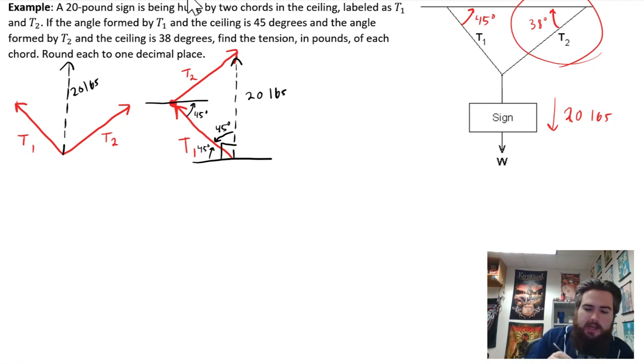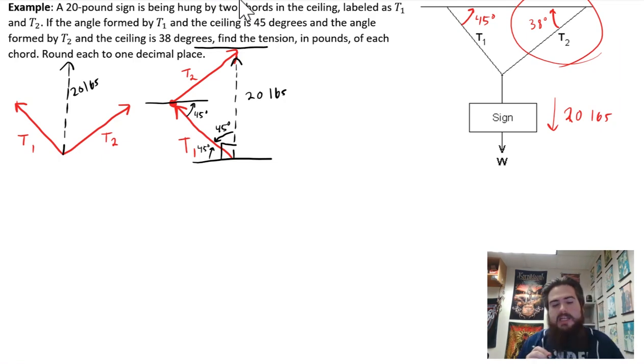So if I draw a horizontal line at both the initial point of T2, which we already have, as well as the terminal point of T2, I can say that the angle measure between the horizontal line and the diagonal line for T2 should be 38 degrees, meaning that this angle measure here is 38 degrees, as well as from the horizontal to the T2 vector here is 38 degrees.